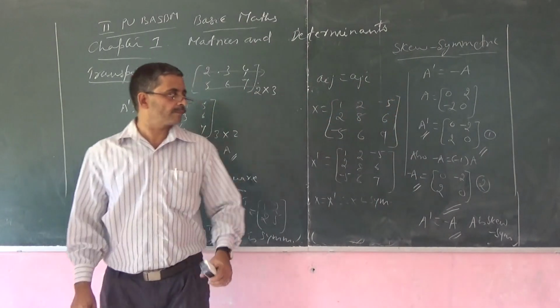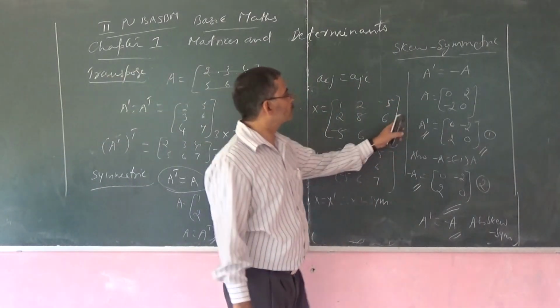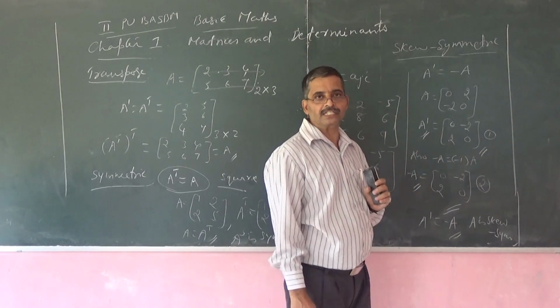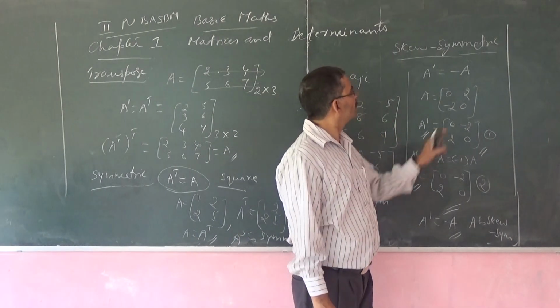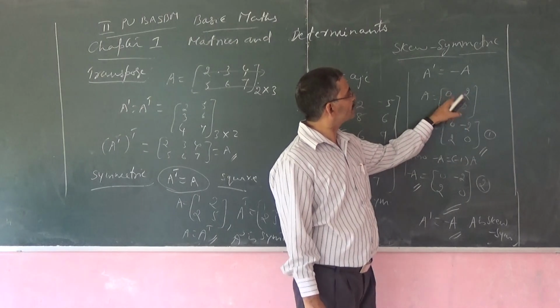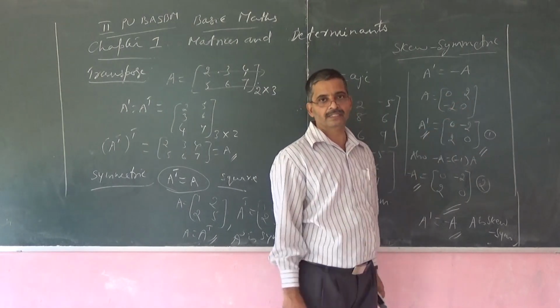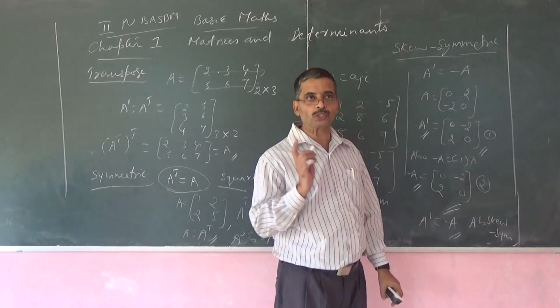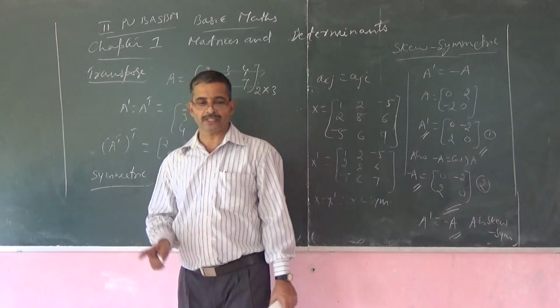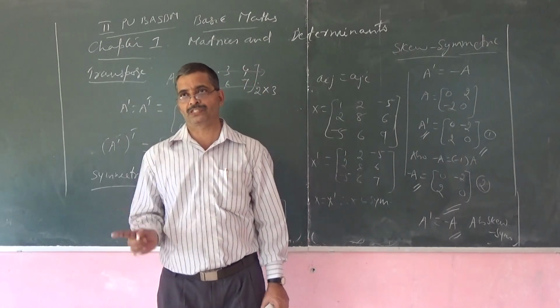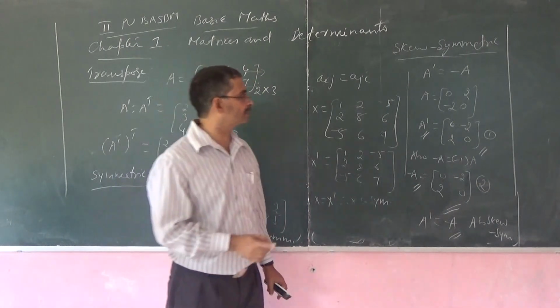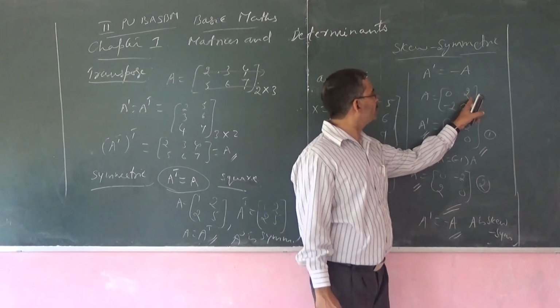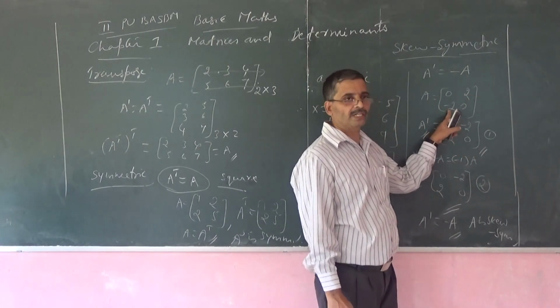Now observe here, to become skew symmetric there are some conditions. One important condition is that the diagonal elements should always be 0. So to have a skew symmetric matrix, the diagonal element should always be 0. And further, if you have plus 2 here, then it will be minus 2 here.